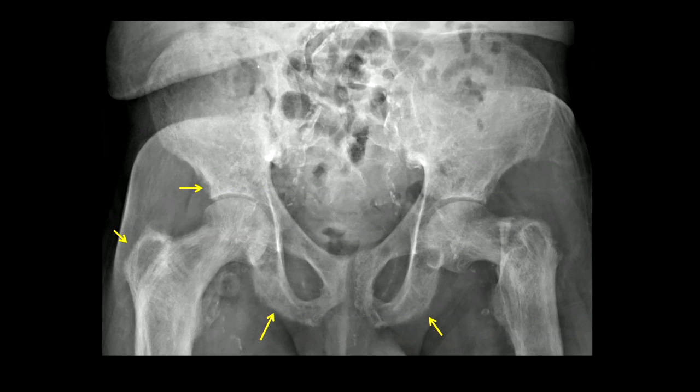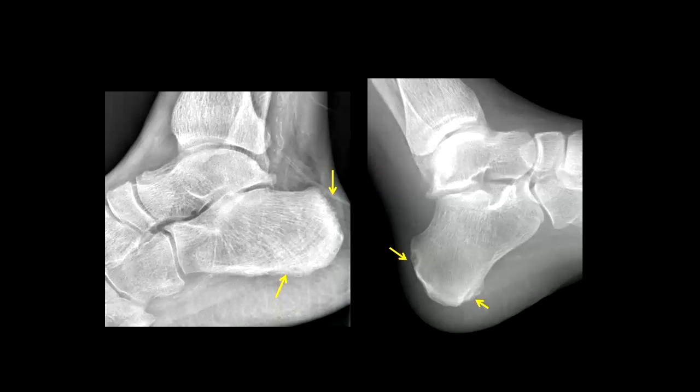By the way, this patient also has erosions of the SI joints and pubic symphysis, but we covered that already. So a lot of times the findings are generalized bone findings, as in this case, which is actually great because it makes the diagnosis easier to make.